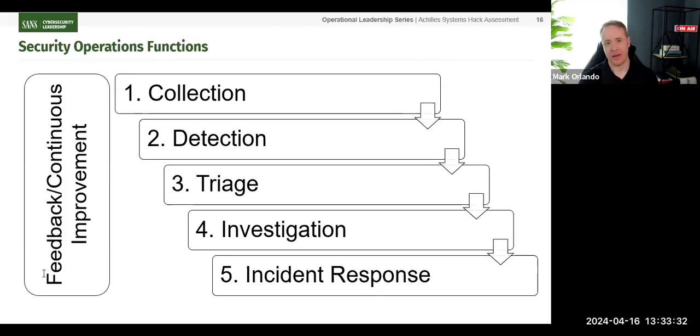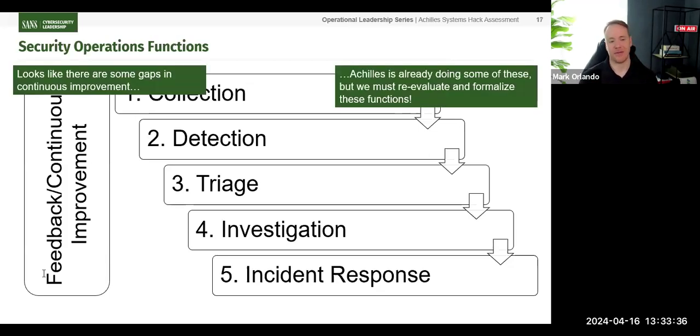Now remember, in the case of Achilles Systems, it looks like they've already made some investments in collection, detection, even in investigation and response. But it seems that in this case, these functions did not operate the way we would have wanted them to, or the way that we would expect. So we've got some gaps in that continuous improvement and that measurement. May also have some gaps in these specific detections, data collection. So we need to reevaluate, kind of re-baseline those functions as well.